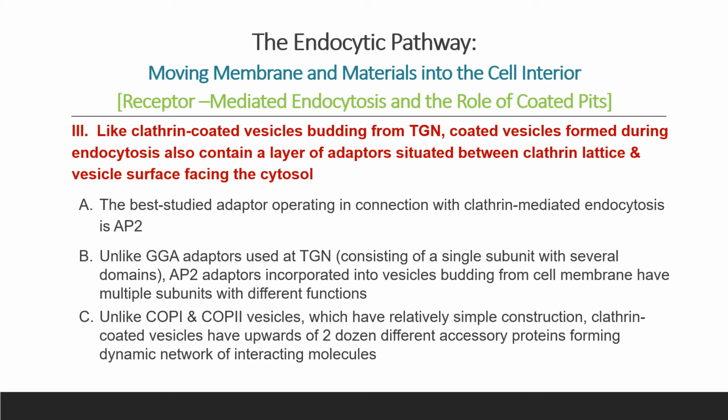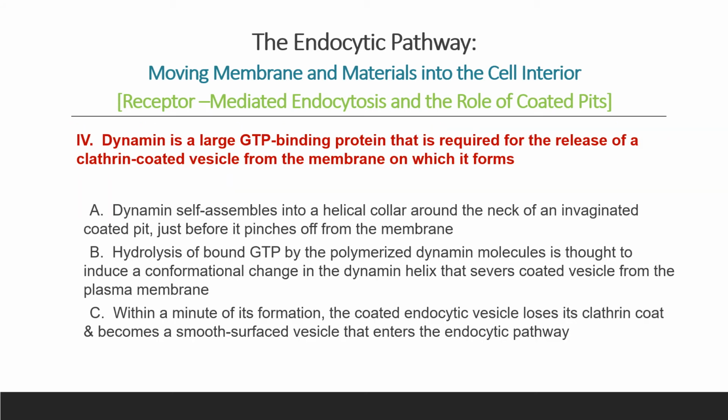Unlike COP1 and COP2 vesicles, which have relatively simple construction, clathrin-coated vesicles have upwards of two dozen different accessory proteins, forming a very dynamic network of interacting molecules. Okay? So those are the differences.